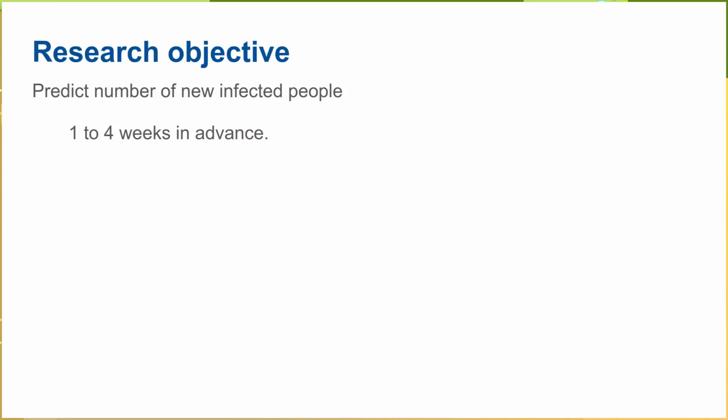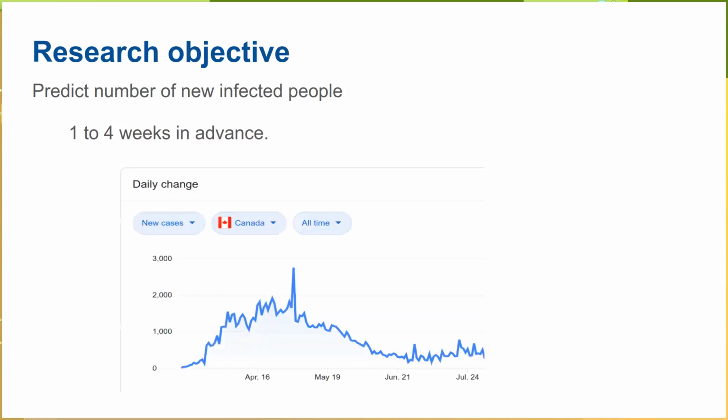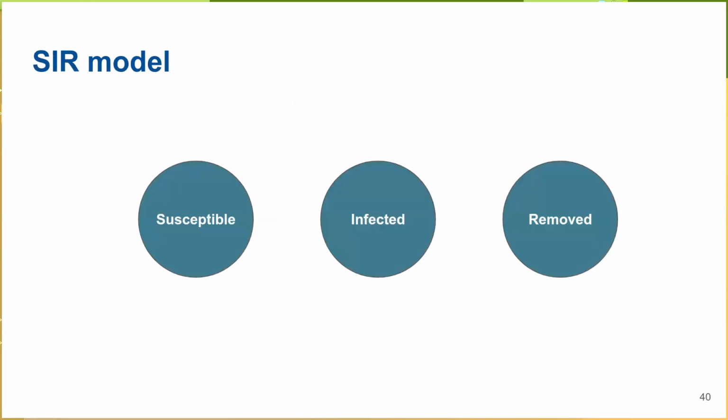So the objective is to predict the number of newly infected people 1 to 4 weeks in advance. For example, if we are in Canada, we can be monitoring the evolution of the number of infected people over time. And then we want to make this prediction 8 weeks into the future. We make the prediction and then we compare. This is the game that we are playing here.